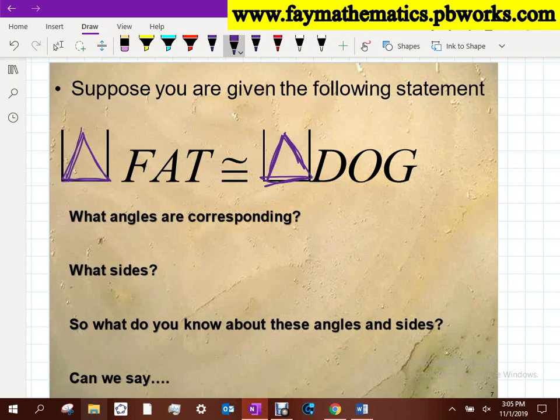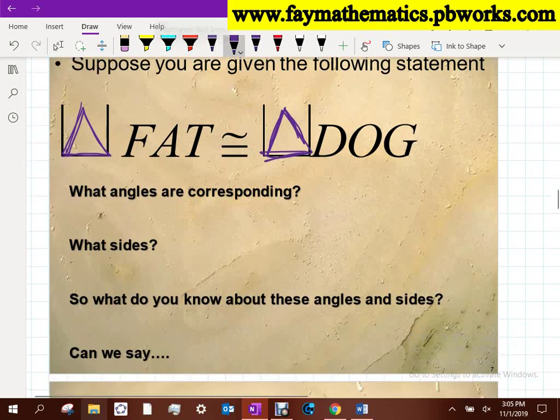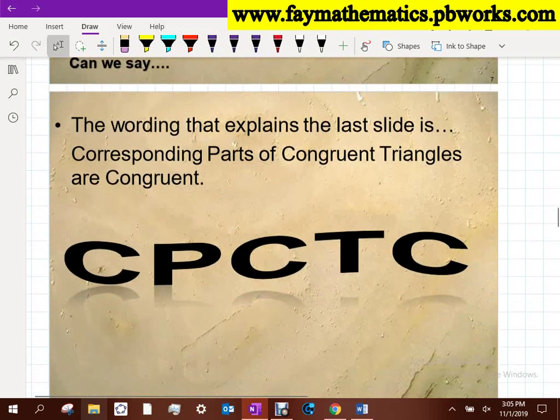So we put all that stuff together, we get this phrase here that says corresponding parts, matching parts, or draw the pictures, the overlapping parts of congruent triangles, meaning they came from triangles that we already knew to be congruent. Well, this statement says that if that's happening, then those 2 parts that you're talking about are actually congruent to one another.